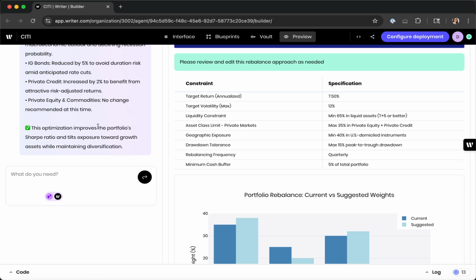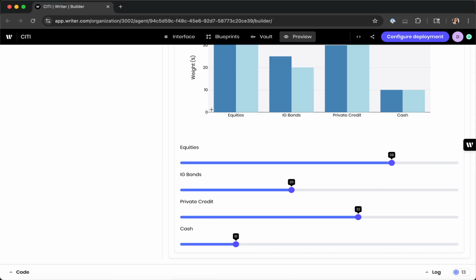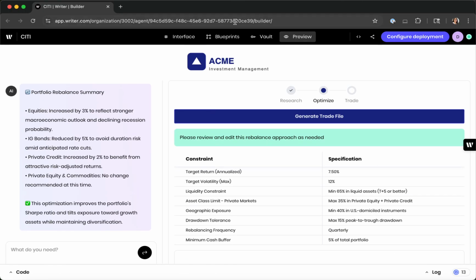And it's telling you that this overall optimization is improving the portfolio's Sharpe ratio and tilts exposure towards growth assets while maintaining diversification, which is helpful in the macro environment that the firm is anticipating.